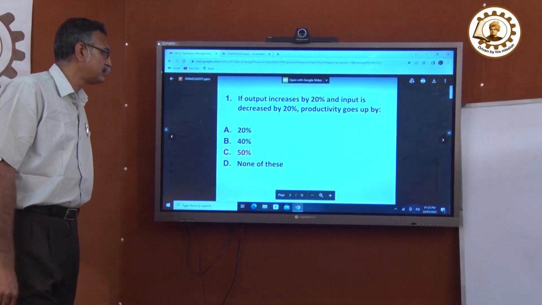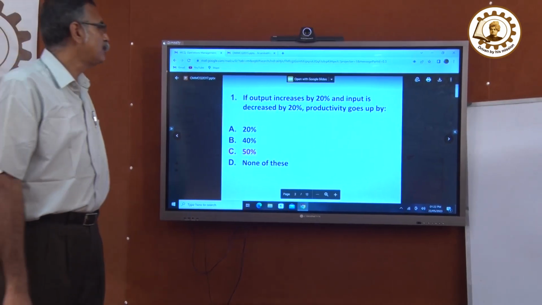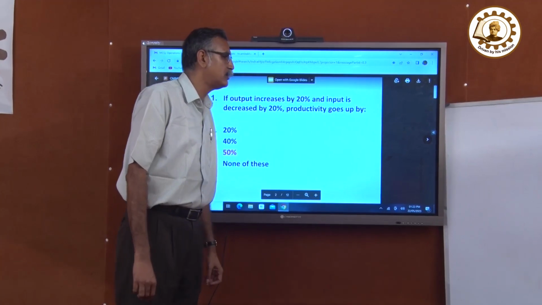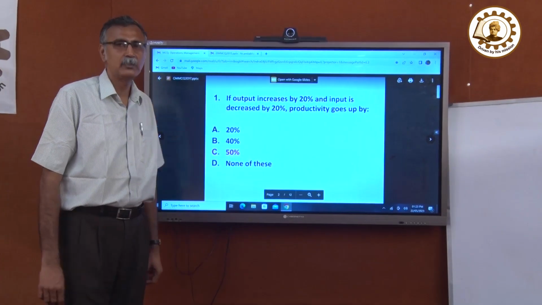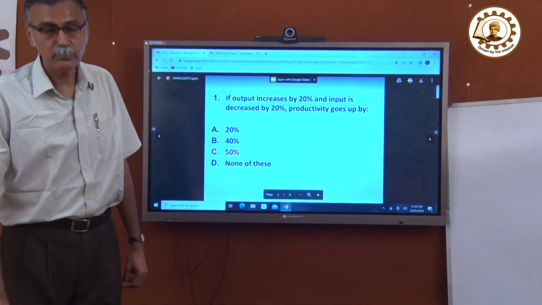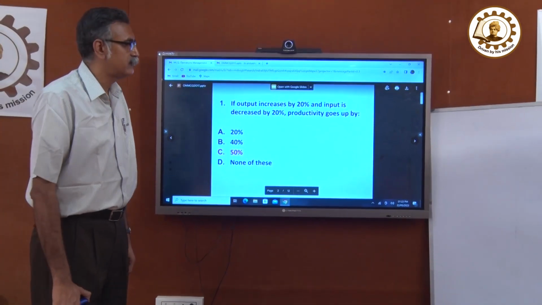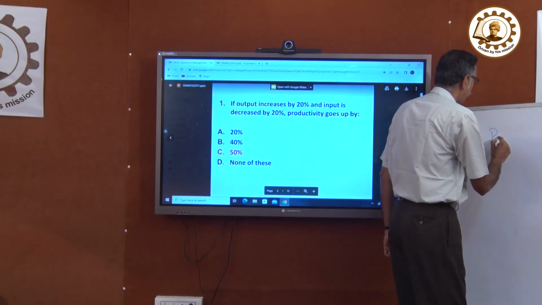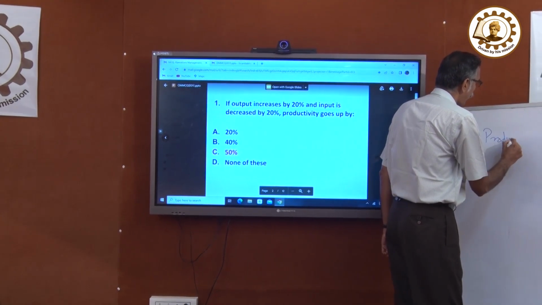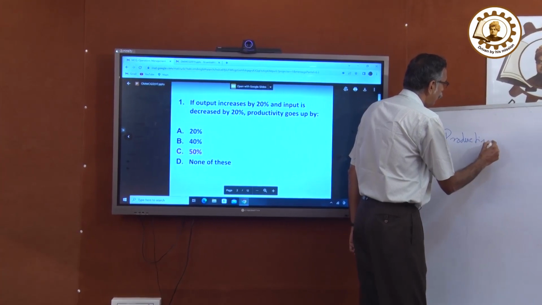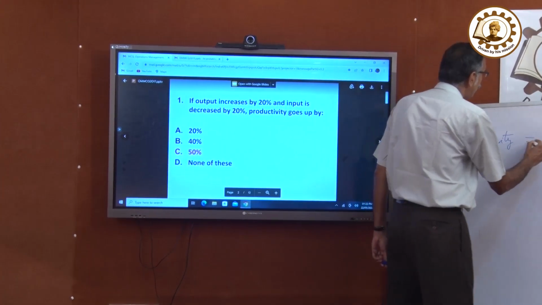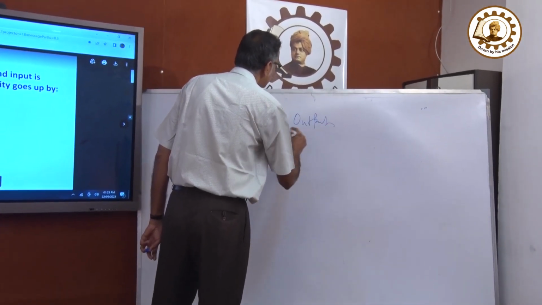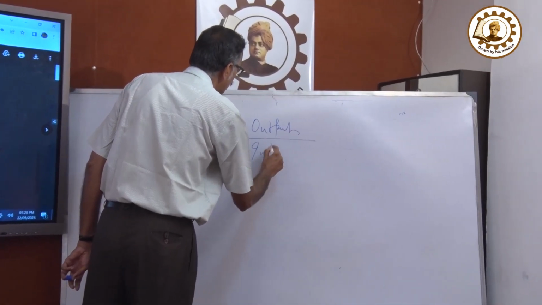You see the first question. If output increases by 20% and input is decreased by 20%, what would be the impact on the productivity? Productivity, we all know, is equal to output divided by the different inputs employed.